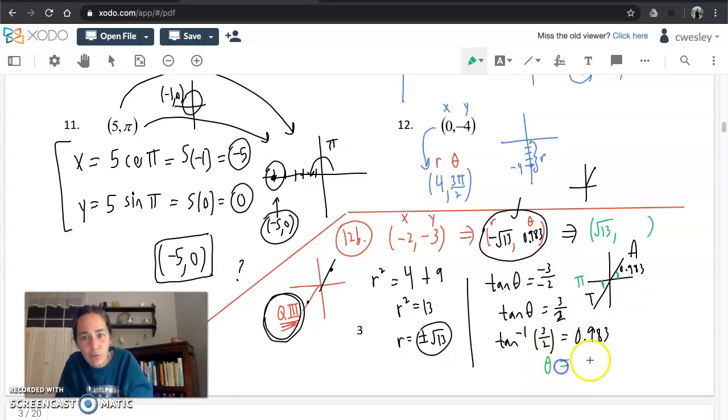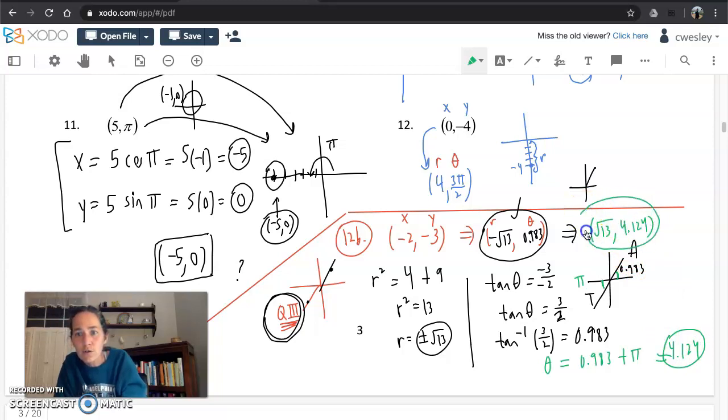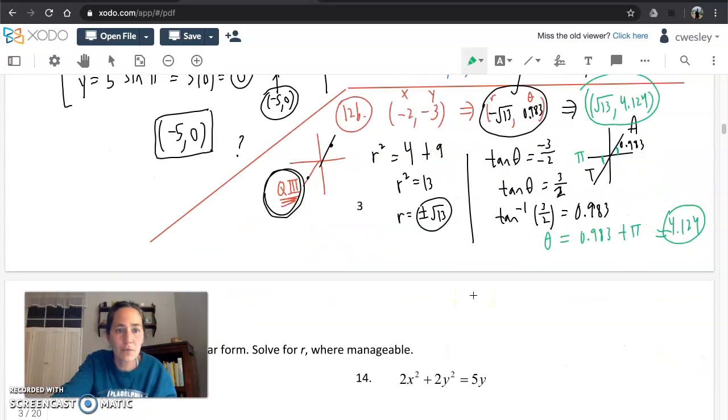Theta is going to equal roughly 0.983 plus pi. In the calculator, that'll round to 4.124. So this is a quadrant 3 radian measure, rounded of course, 4.124, which also suffices. If I'm ever going to be picky about what your r can be and what your theta can be, I'll state it in the directions, but both of these versions will work pretty well.